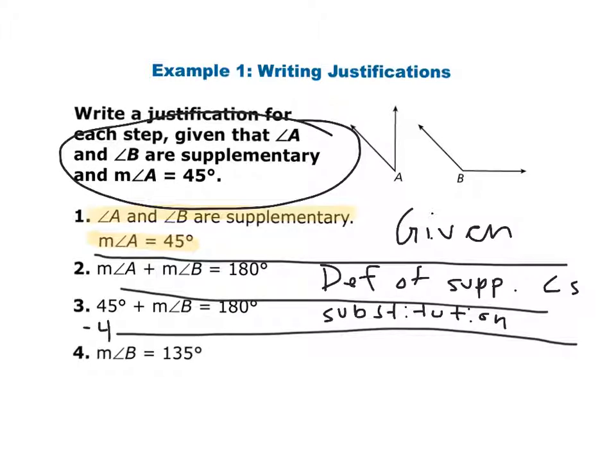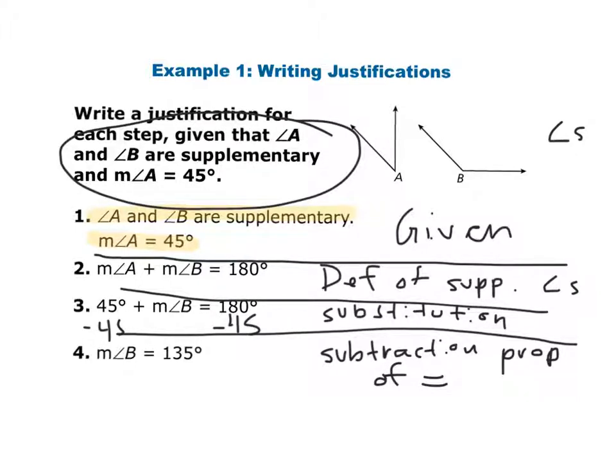So we subtract 45 from both sides. So since we're subtracting 45 from both sides of the equal sign, this would be subtraction property of equality. That's like angles, so I drew a little angle. That's just an abbreviation.